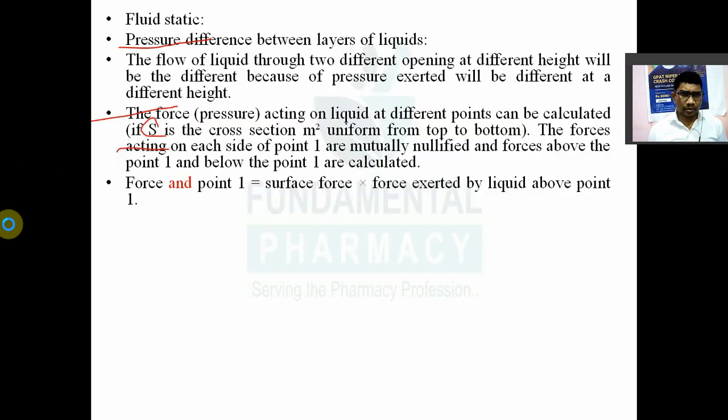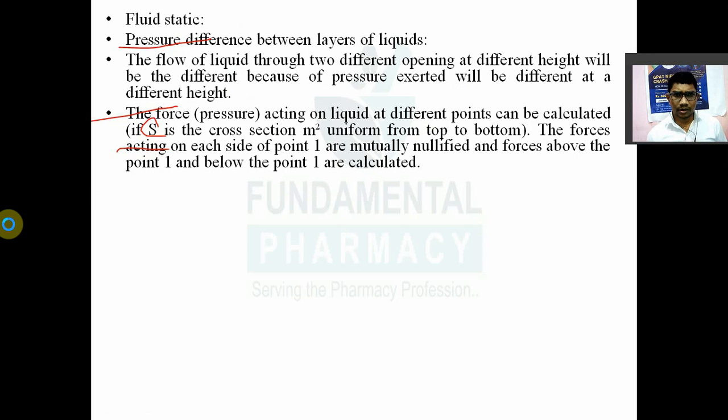Okay, the force or pressure acting on different points can be calculated. So पहले पॉइंट के ऊपर कितना फोर्स अप्लाई हो रहा है, प्रेशर कितना है, सेकंड पॉइंट के ऊपर कितना प्रेशर है, that can be calculated if the column has a uniform cross section. The forces acting on each side at point 1 are mutually nullified because horizontally pressure same रहेगा, so that is nullified.